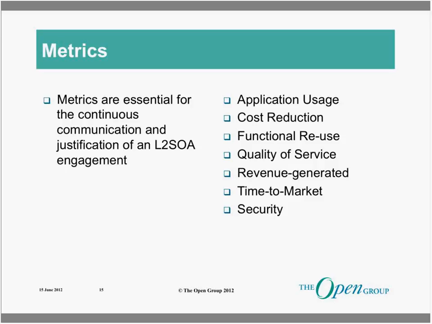A revenue-generated metric would provide information about additional revenue generated with the transformed SOA services. Time to market, as I discussed earlier, with intangibles, is that you can create new solutions by promoting core and extended functional solutions or services.